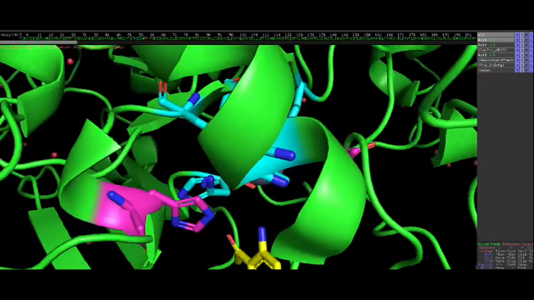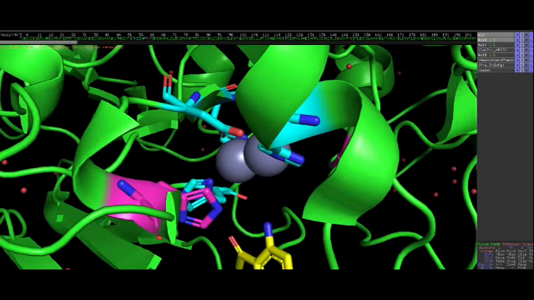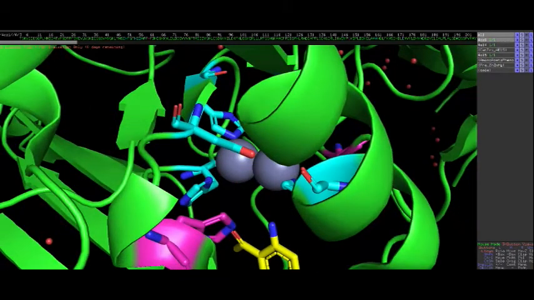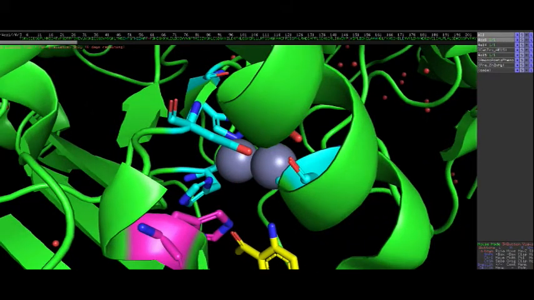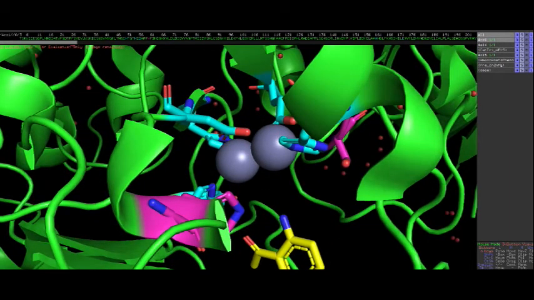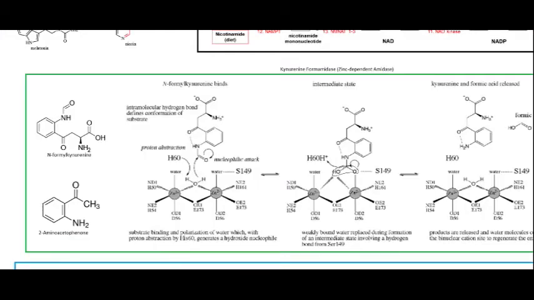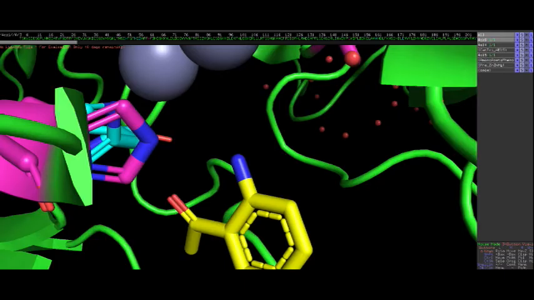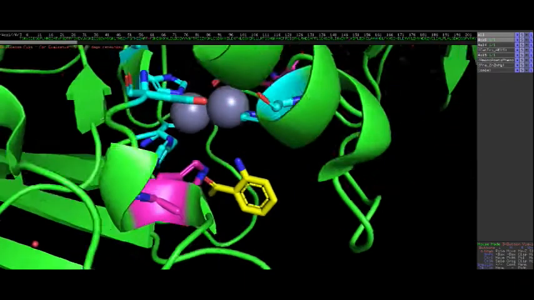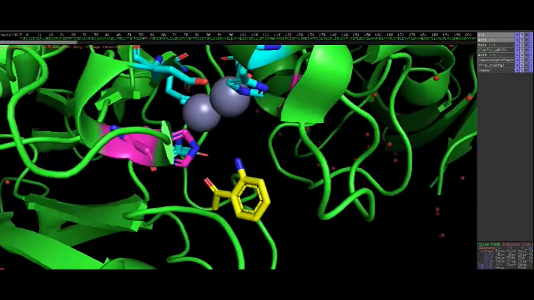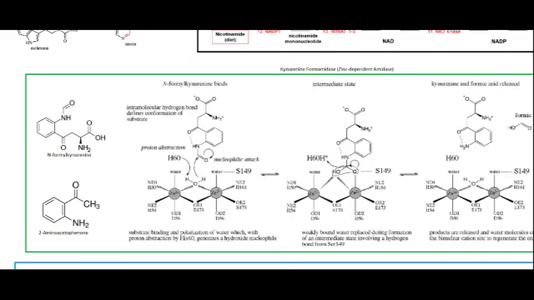And so if there was a water there, we could see that this purple histidine here might deprotonate it, and then that water could then attack, well, this nitrogen right here, this amine group, is probably similar to where this right here would be sitting. And so we could see how that water would be brought in close to that aldehyde. That would be right there. Yeah, so that is the structure of the zinc dependent.